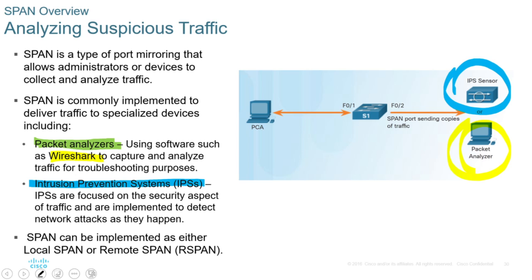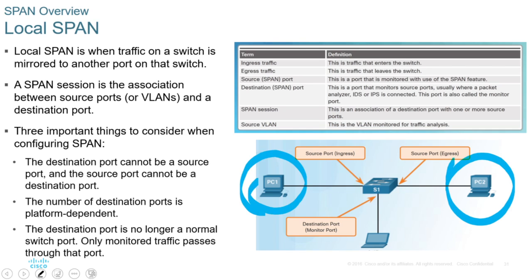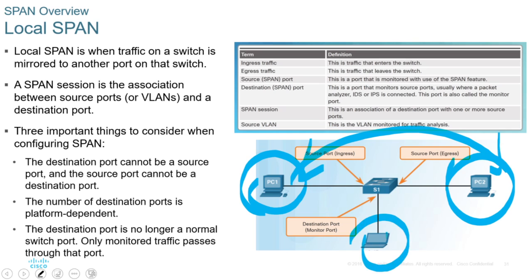in the network environment. This type of port analyzer or SPAN can be implemented as a local or remote SPAN. When we talk about a local SPAN, if these two are the devices whose traffic we want to monitor, the monitoring device is also connected to the same switch.